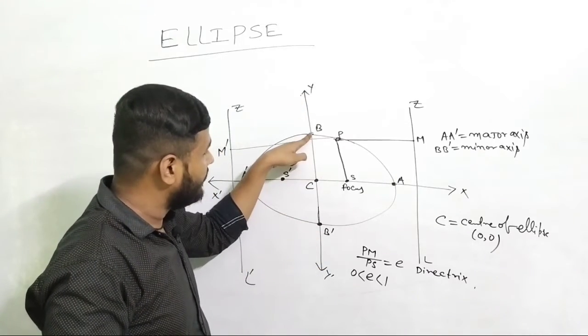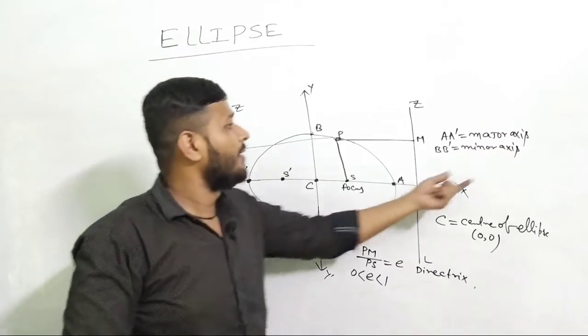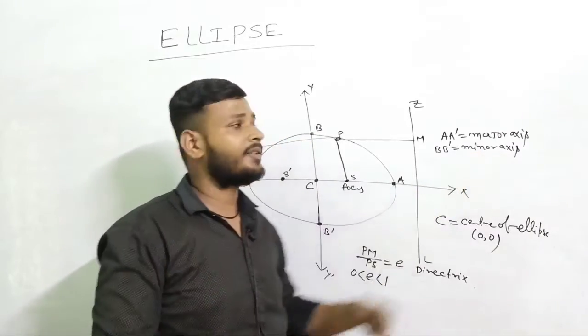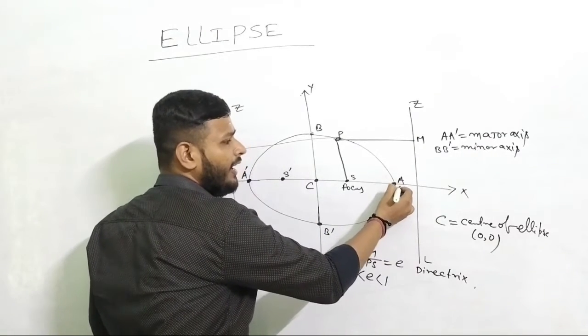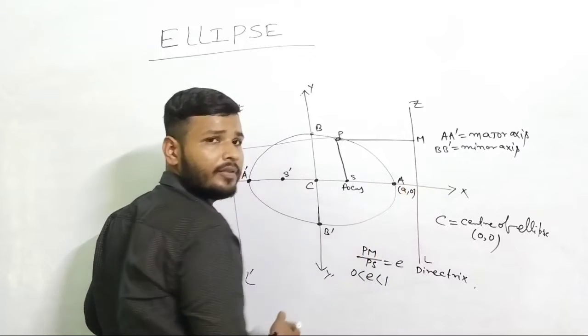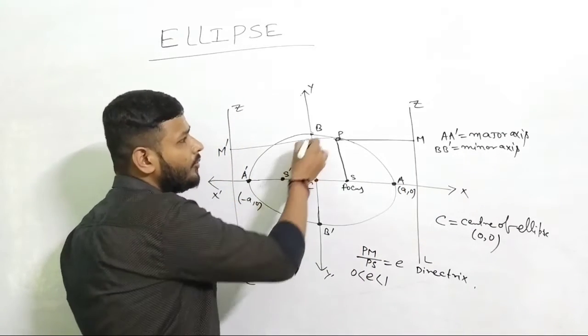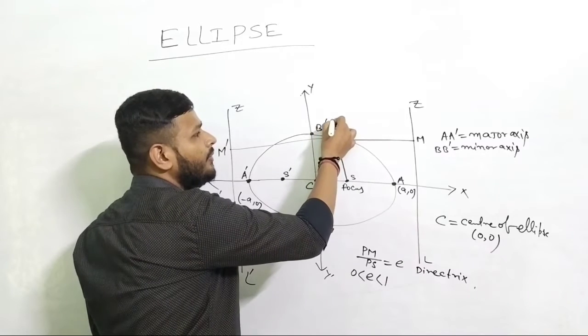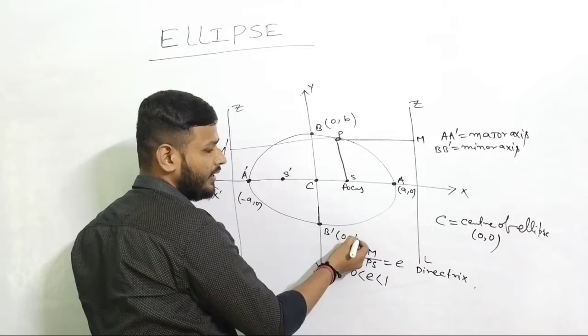The distance B B dash is known as the minor axis. If we consider the point A as (a, 0) and the point A dash as (minus a, 0), the point B is (0, b) and B dash is (0, minus b).